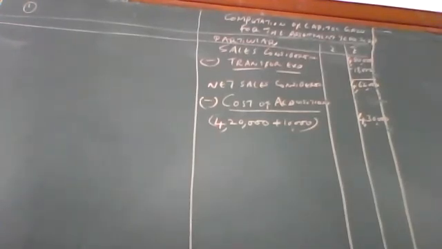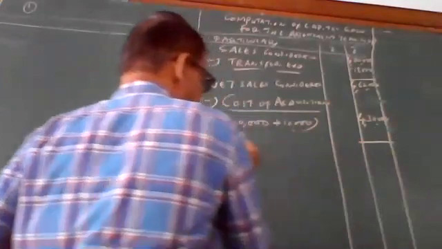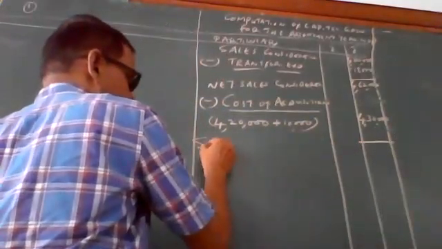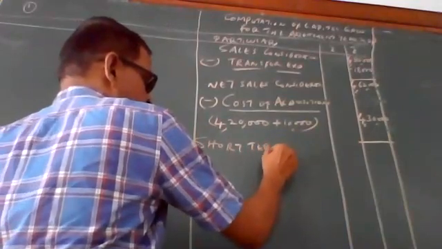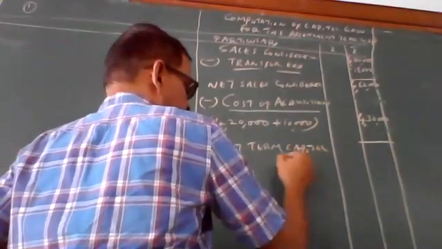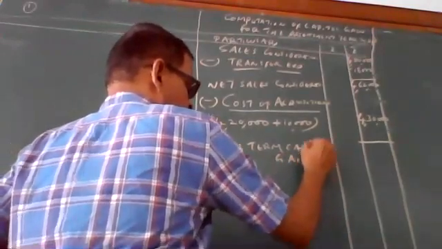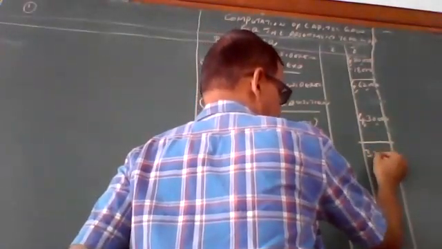So 4,62,000 minus 4,30,000, you will get short-term capital gain. So 32,000 is called short-term capital gain.